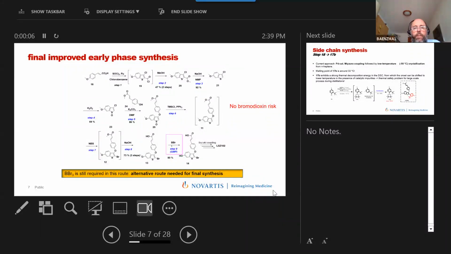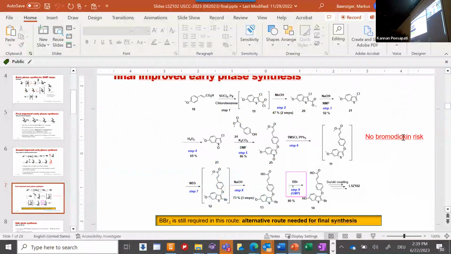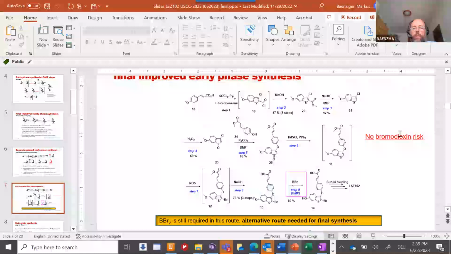Can you still see the screen? No. We are seeing the similar ones as in the previous. That would be better if you just zoom it. You can just go back to the presentation and zoom it. That would be better in this case. I can make it a bit bigger.